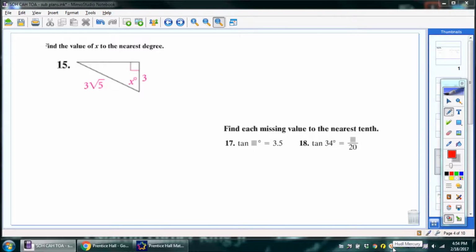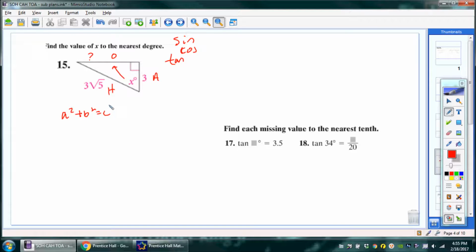All right, for 15, you're going to have to find the X. So even though this is under the tangent chapter or section, you can still use sine and cosine. But to show you how to use tangent, the issue is this is your opposite, this is your adjacent, this is your hypotenuse. So if you want to use tan, you'd have to figure out the opposite side by doing Pythagorean theorem. So a squared plus b squared equals c squared.